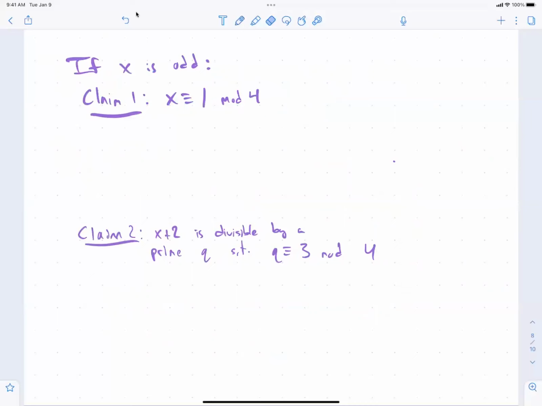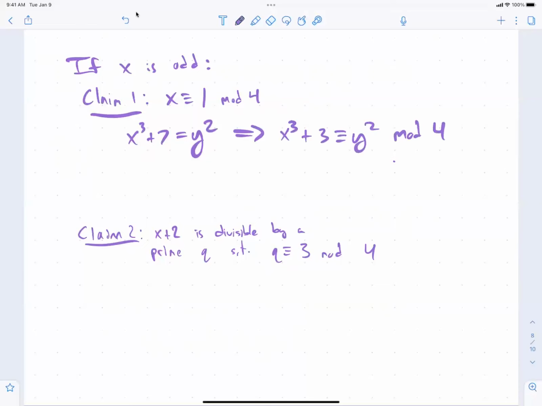Well, I have the equation x cubed plus 7 is equal to y squared. If this is true, then x cubed plus 3 is congruent to y squared mod 4.